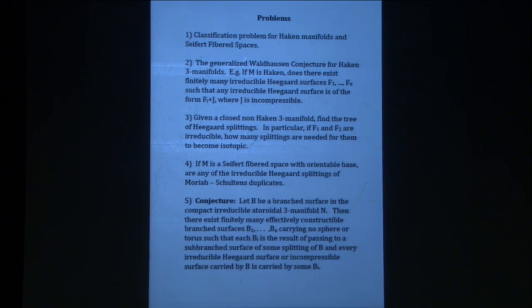And more generally, in the non-Haken world, using Reidemeister-Singer, the fact is any two Heegaard splittings are equivalent up to stabilization. So it would be very interesting to find a theory that, given a 3-manifold, could produce the tree of Heegaard splittings, this finite tree coming from stabilization.